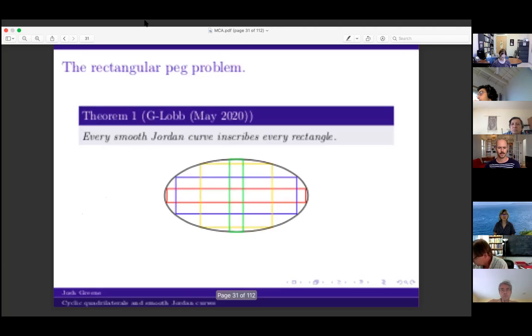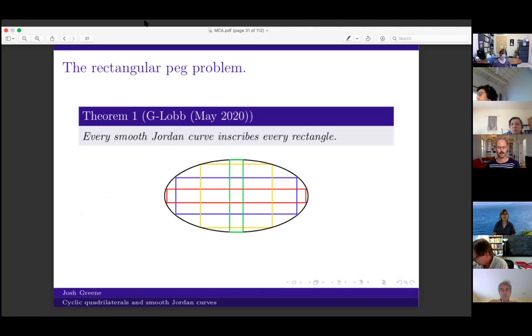So I have a picture here showing, in an ellipse, a handful, 4 inscribed rectangles, which are suggestive of a sweep out of rectangles which inscribe in the ellipse and which pass through all aspect ratios.